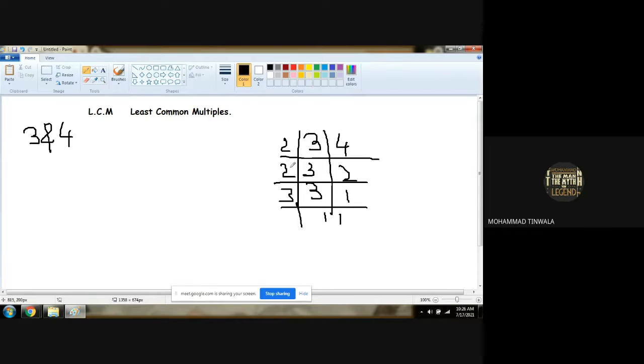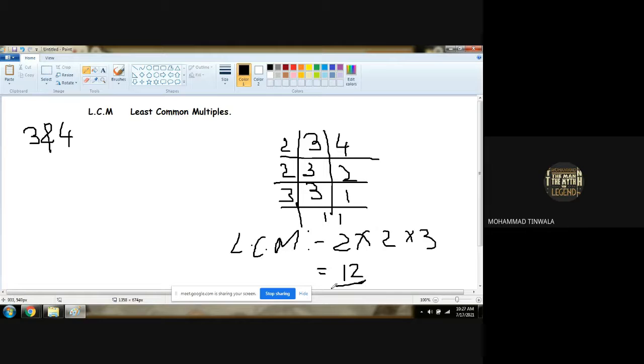So now, the LCM, that is the least common multiple of 3 and 4, is 2 into 2 into 3. Do you understand what I am writing? So 2 2s are 4, 4 3s are 12.